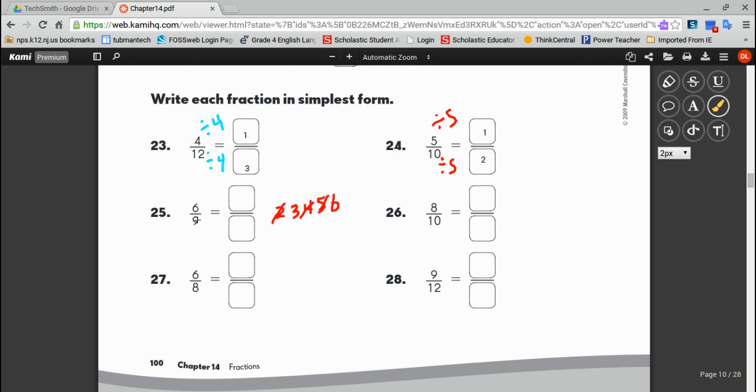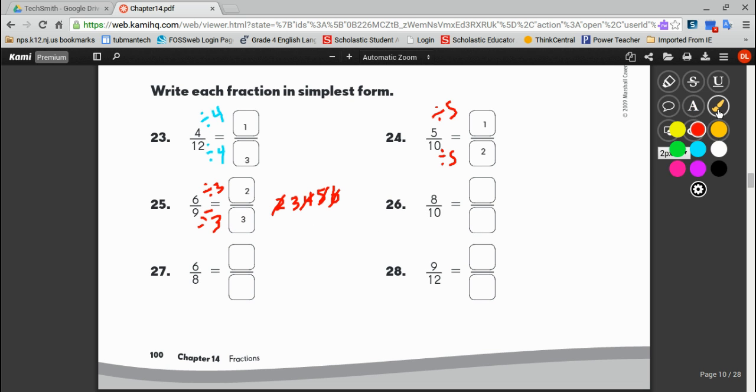Nope. And 6 divided by 6? Yes, that works. 9 divided by 6? Well, I can't do that. So now I know I have to divide by 3s. So I have to divide the top and the bottom by 3. 6 divided by 3 is 2, and 9 divided by 3 is 3.